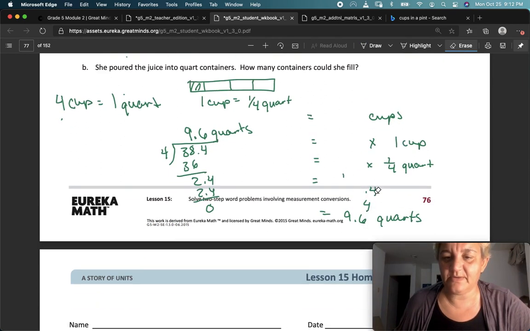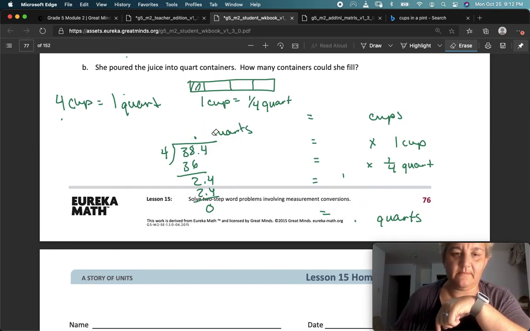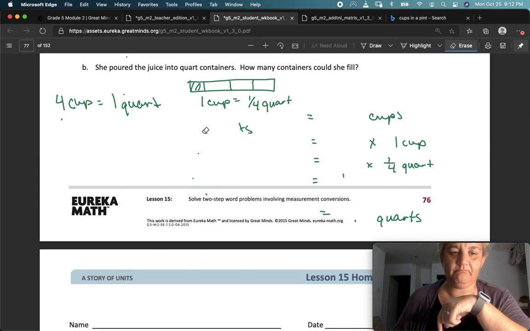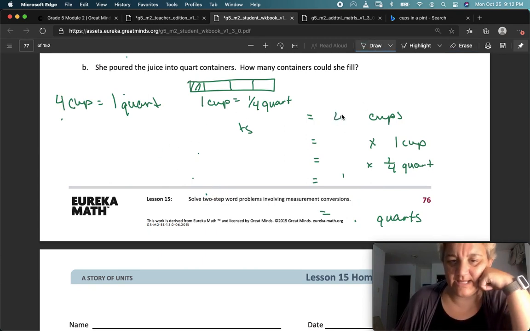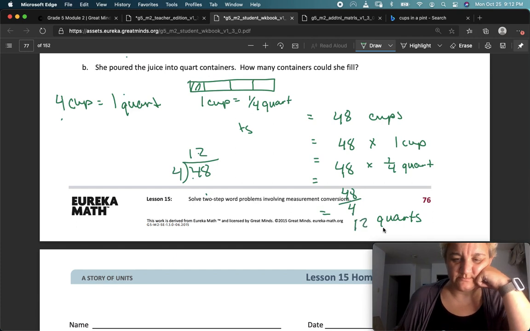I don't have to erase my process because the process was okay. Now I have 48 cups, which is 48 times 1 cup, which is 48 times a quarter of a quart, which would make 48 divided by 4. And 48 divided by 4 is 12, and my answer is 12 quarts.